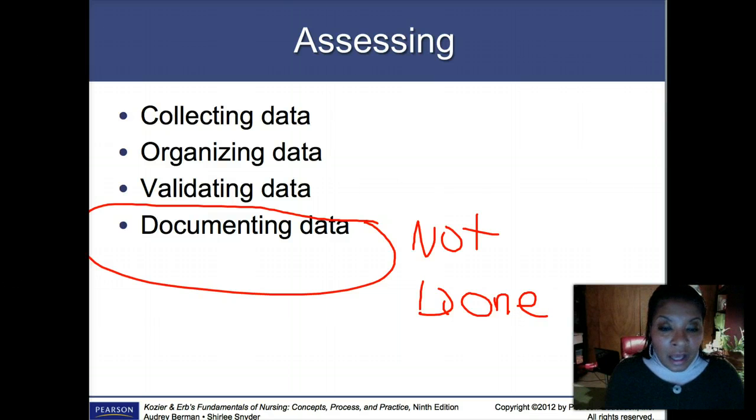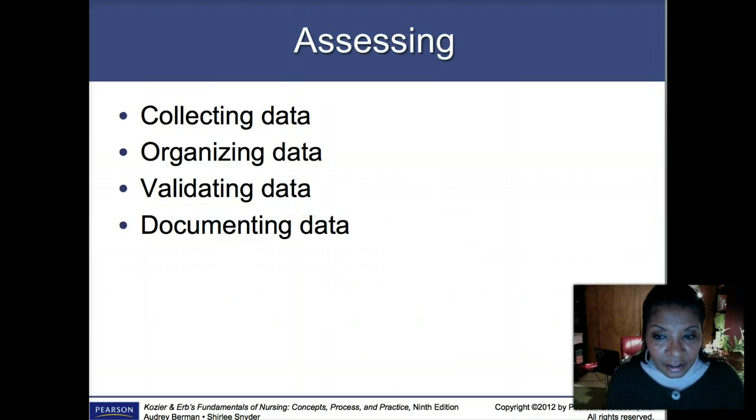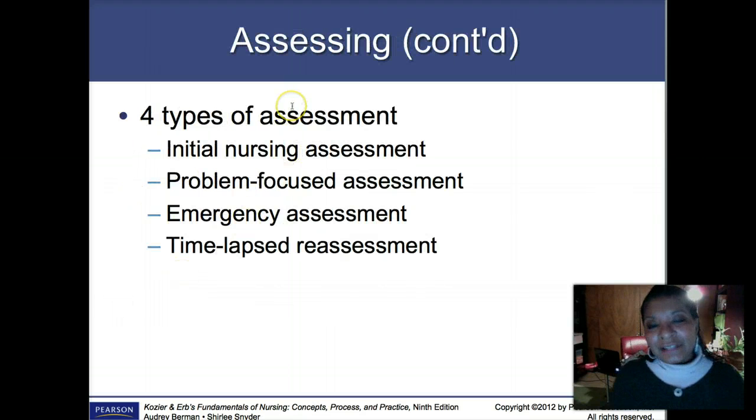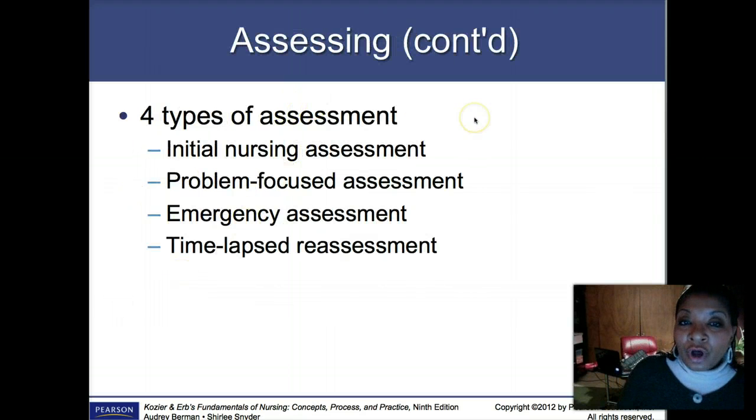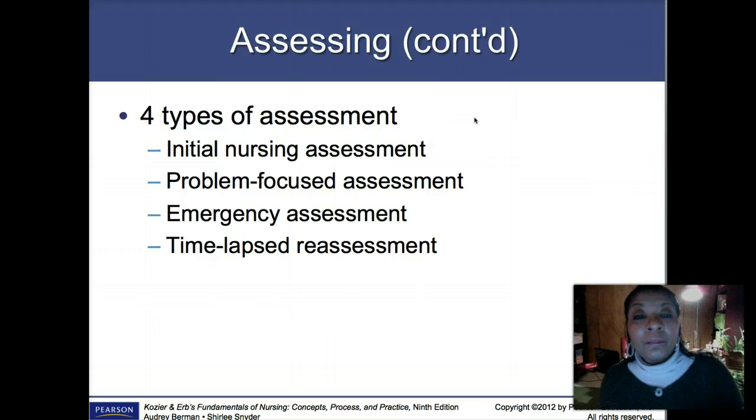So, having looked at the fact that we have to collect, organize, validate, and document, I want you to understand there are 4 types of assessments. Now, if you recall, in our first couple units, we talked about the areas in which nurses might work.